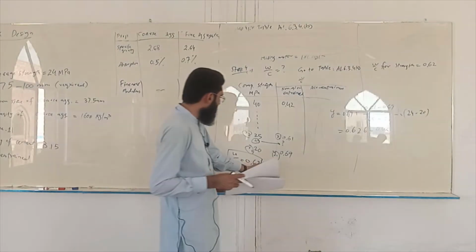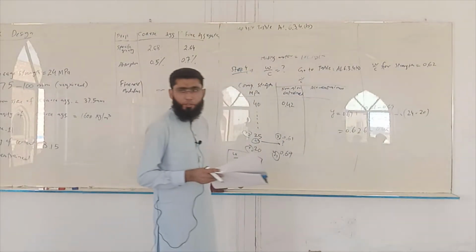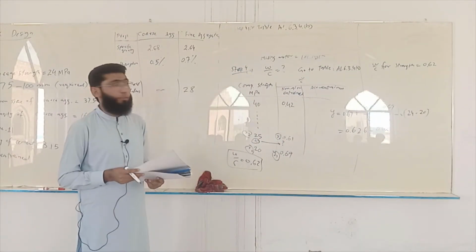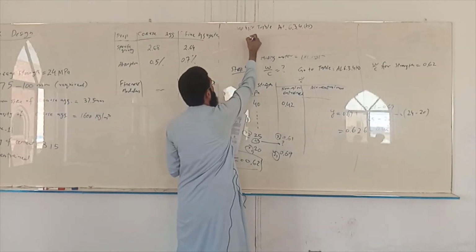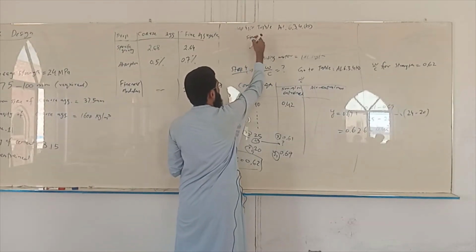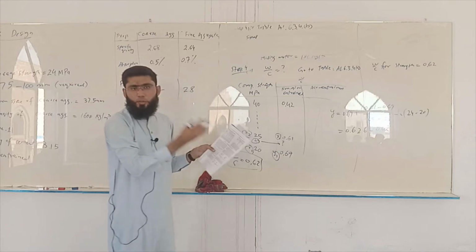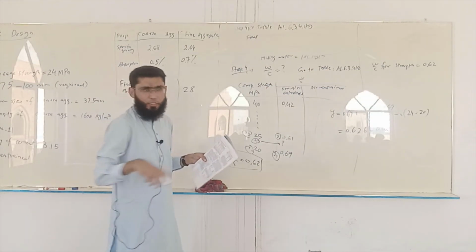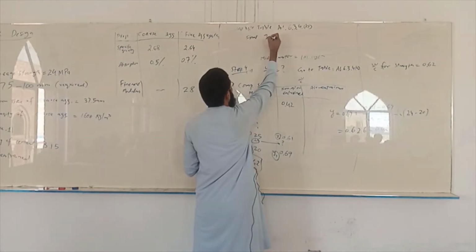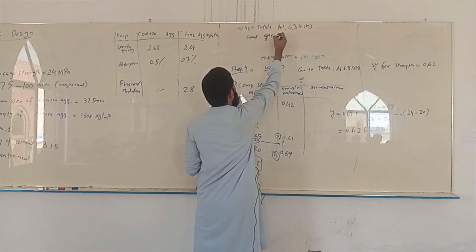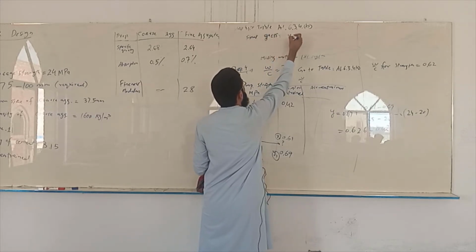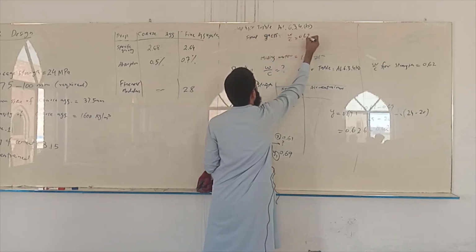So the only criterion would be the strength that governs our final decision of water cement ratio. Finally, I understand it's not the final value, but it's the final guess. Water cement ratio is 0.62.